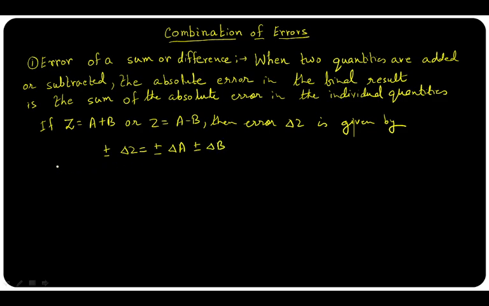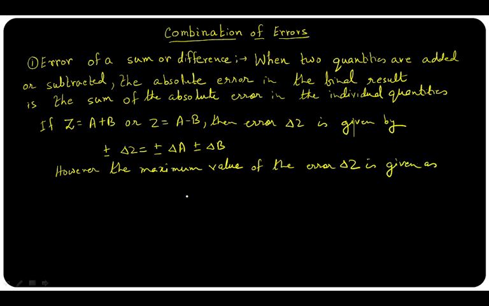Hence the maximum value of the error del z is given as del z is equal to del a plus del b.